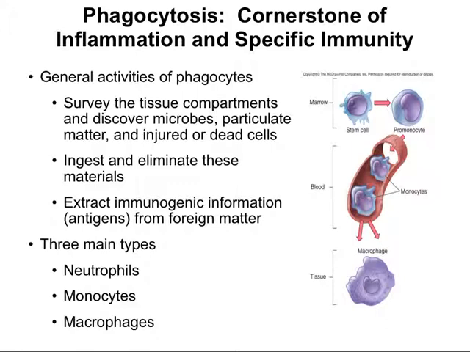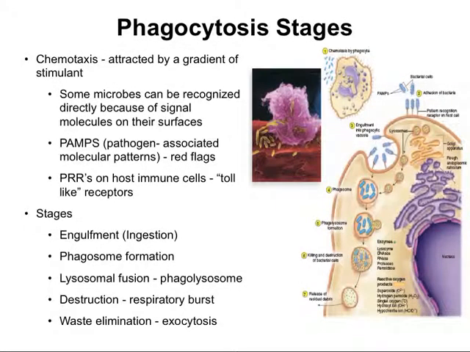Some of the resident macrophages will become resident in places like the liver or the lungs. So as we examine the stages of phagocytosis, remember that there's more than just the physical process of engulfment. And this process can happen as either a single incident or as an orchestrated large-level event for inflammation.